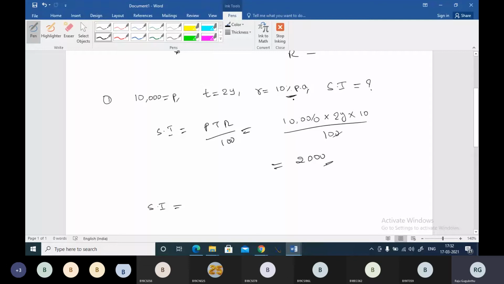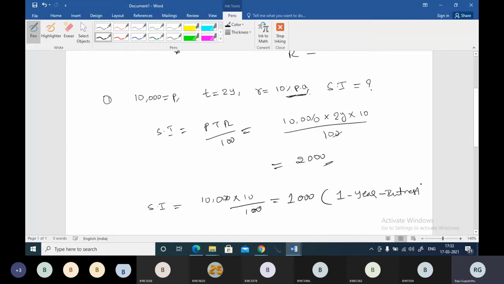Whenever you need to find 10% of 10,000, that will be 1,000, and this will be 1 year's interest, boss, because per annum interest is given. So this will be 1 year simple interest.